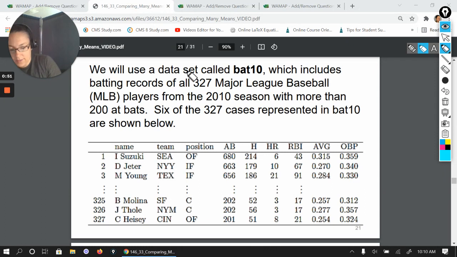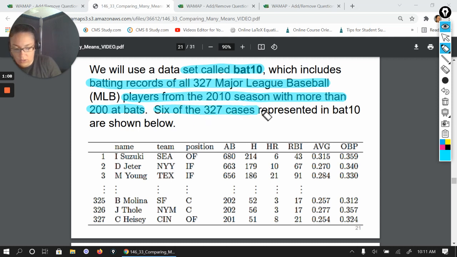We will use a data set called BAT10, which includes batting records of all 327 Major League Baseball players from the 2010 season with more than 200 at-bats. 6 of the 327 cases represented in BAT10 are shown below. We're going to be using the position column and the OBP column.